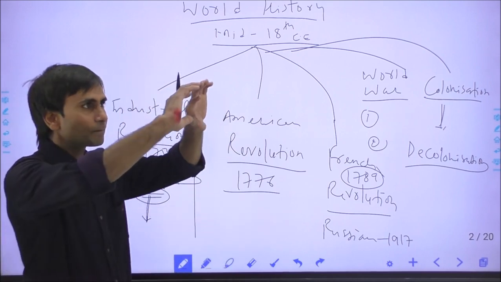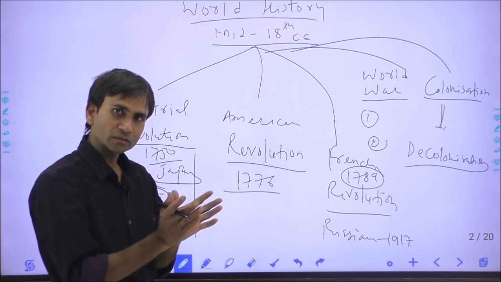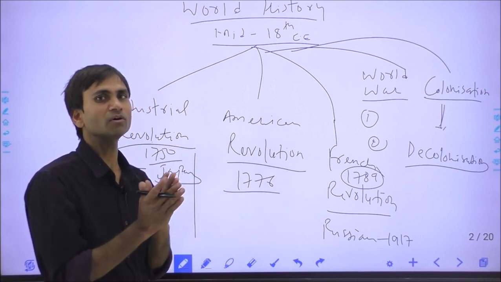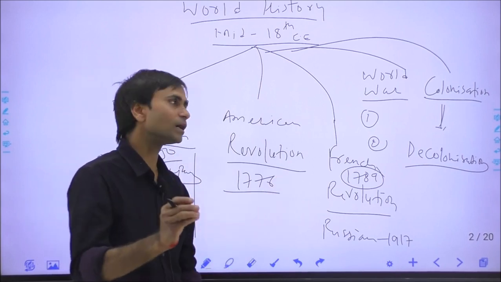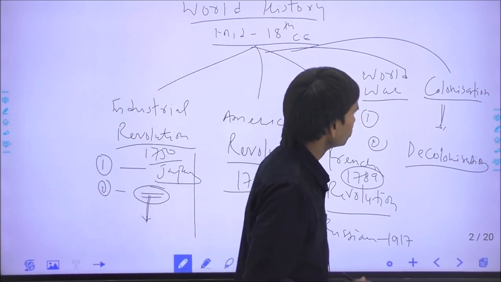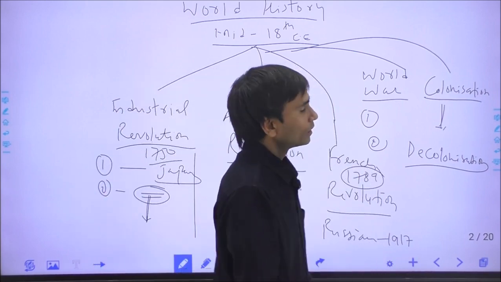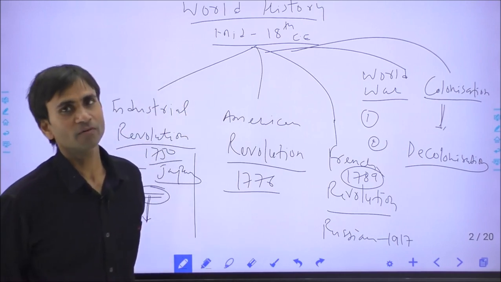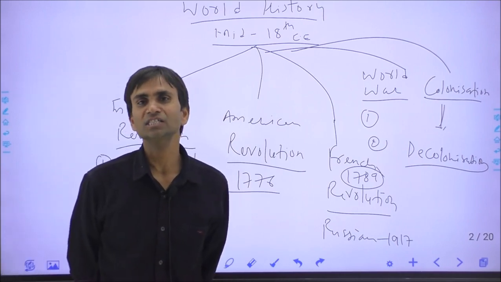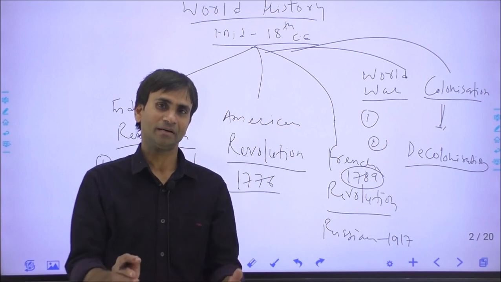So this was the pattern of the nature of colonization. Most of the Asian and African continents were colonies of the British or other European countries. They shifted the human population from one country to another, and this concept is called indentured labor.